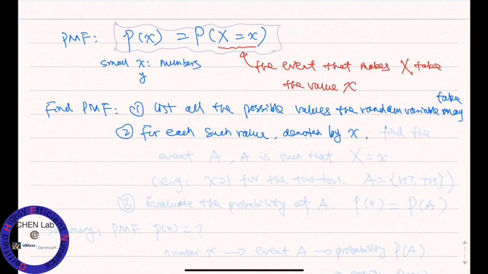For each such x, we find the event, denoted by A, such that the capital X is equal to little x.